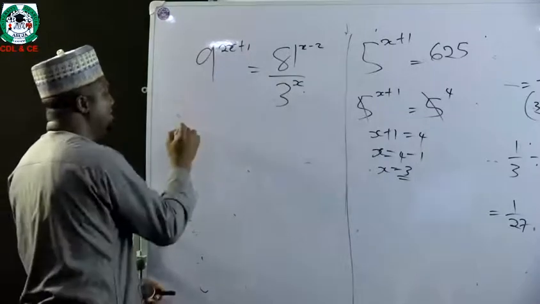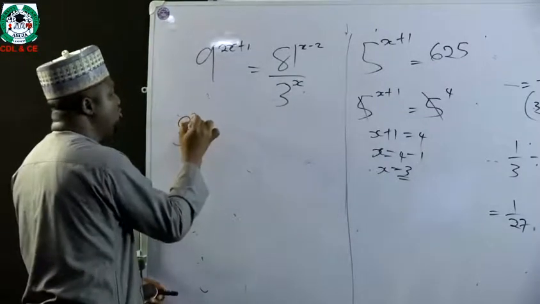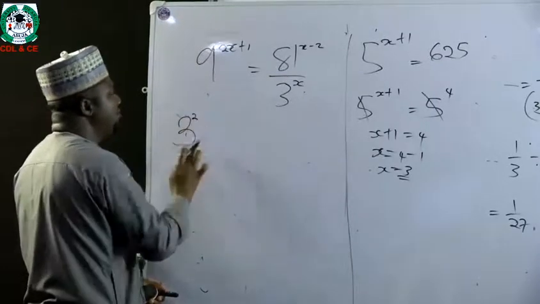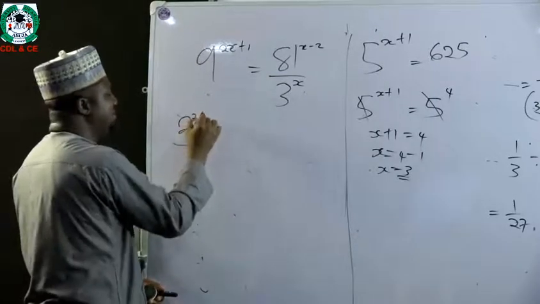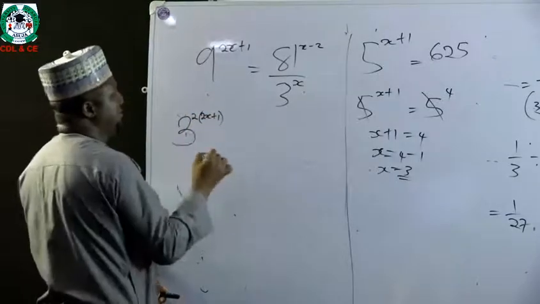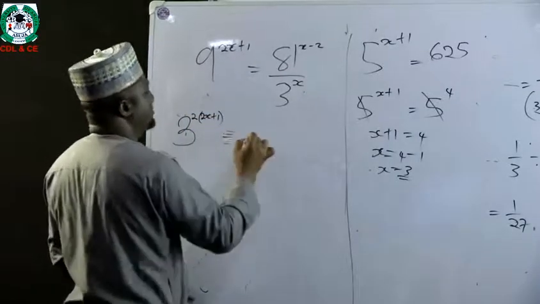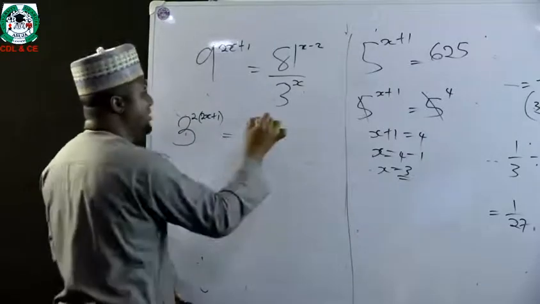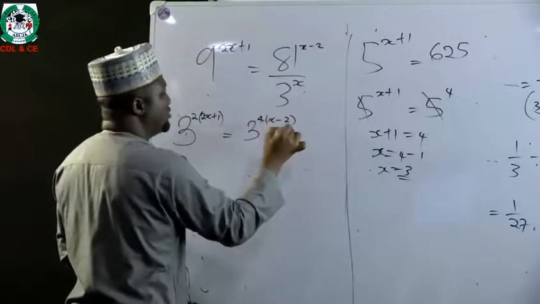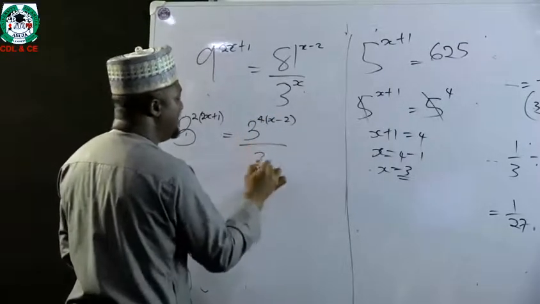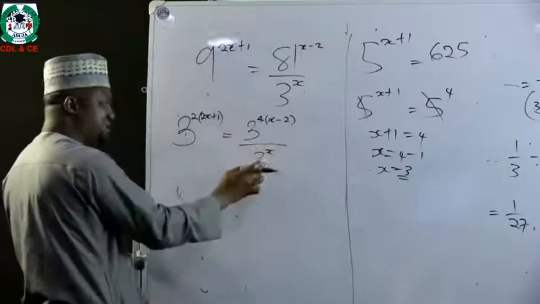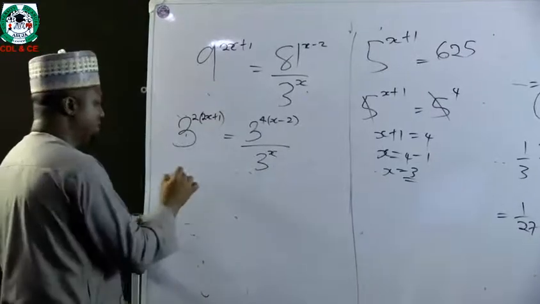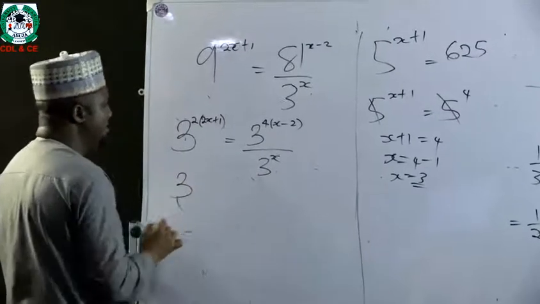So 3 raised to power 2 is 9, multiplying 2x plus 1, equals 3 raised to power 4 is 81, multiplying x minus 2, divided by 3 raised to power x. This is already in base of 3. So you can see we've expressed everything in base of 3.